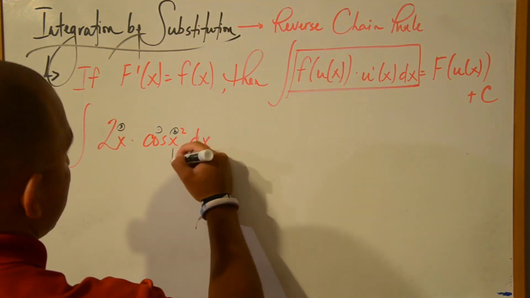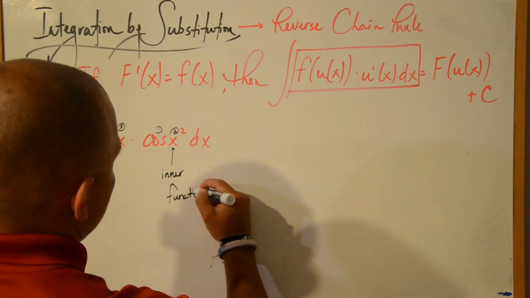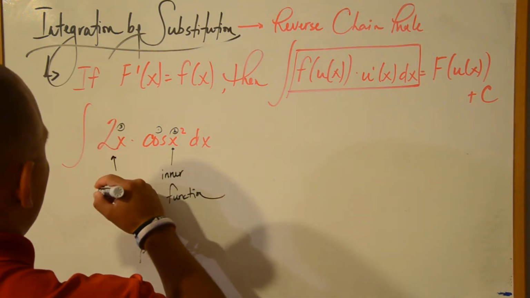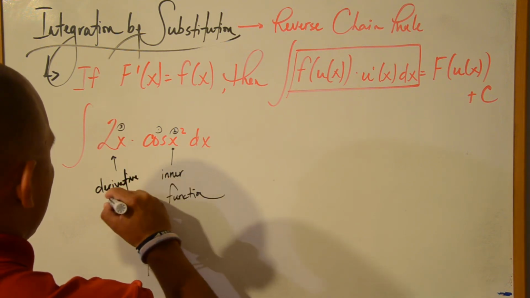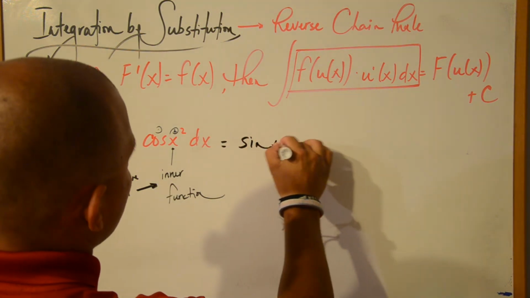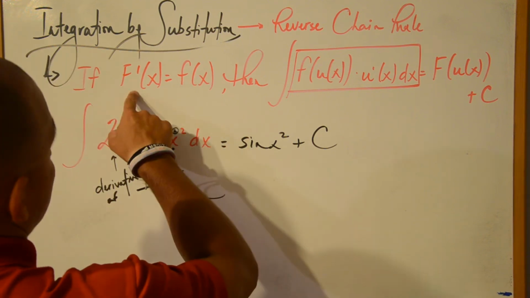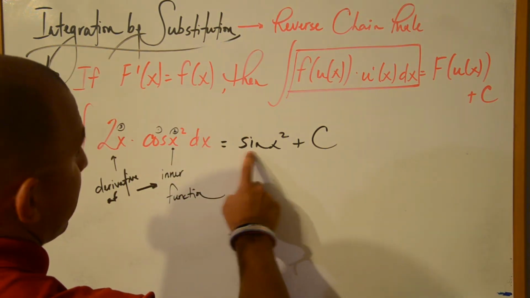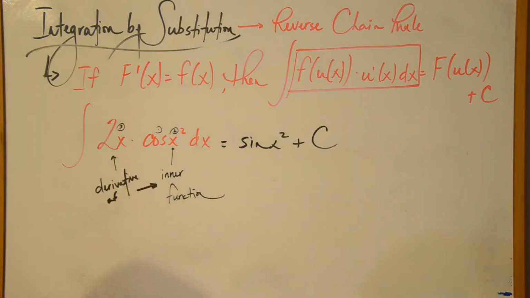It is apparent that this x squared will operate as my inner function, and 2x will operate as the derivative of the inner function. So I really can just rewrite this as sine of x squared plus c. Because if I differentiate the antiderivative, I get cosine of x squared times the derivative of the inside, which will yield a 2x.